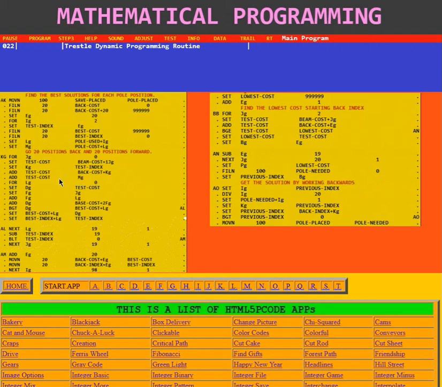So now we have a test cost that has the cost of our pole plus the cost of going to a back pole. Now we're going to go around a loop on LG for LG of 0, and here next LG 19. It's going to go around this loop 20 times.